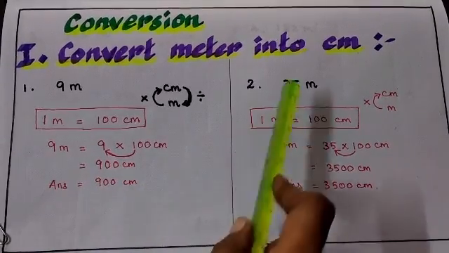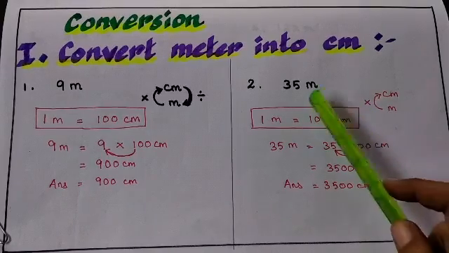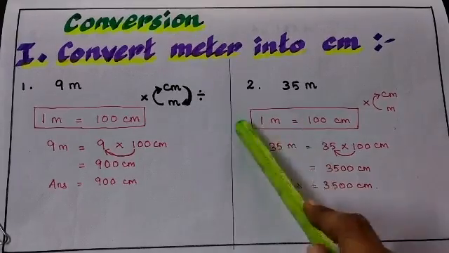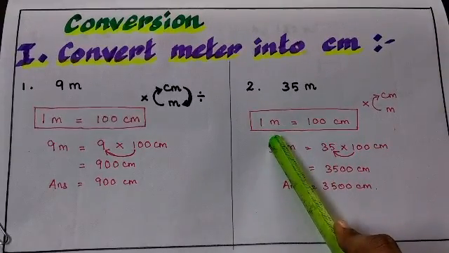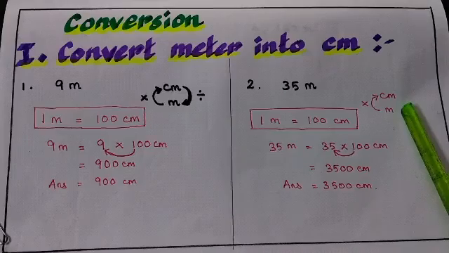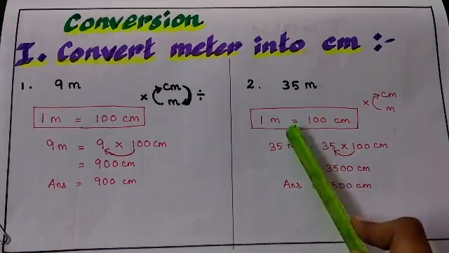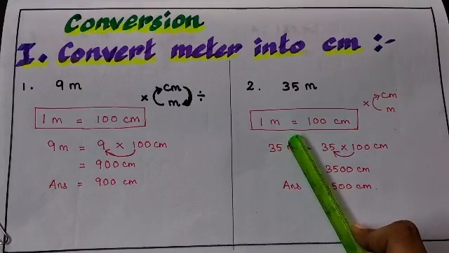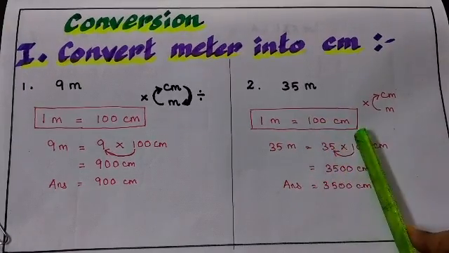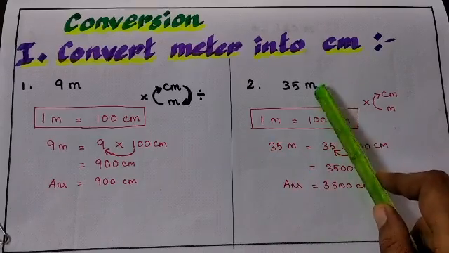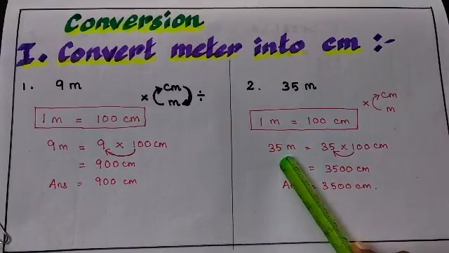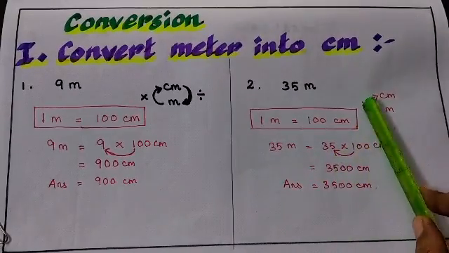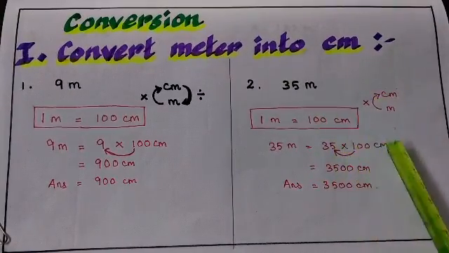Understood, children? In the same way, if you get a 2-digit question, that is 35 meter: before starting the sum, first write this short form on the side in your rough column, and then start writing the formula. What is the formula? 1 meter equal to 100 centimeter, right? Good. Then you write the question here, that is 35 meter equal to 35 multiplied by 100 centimeter.